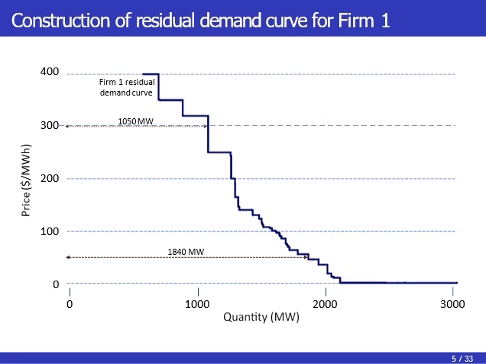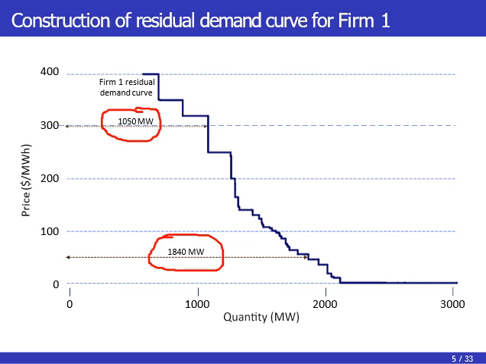And that's what we're doing here. At $300 per megawatt hour, we have a residual demand of 1,050 megawatts for firm 1. At $50 per megawatt hour, we have a residual demand of 1,840 megawatts. So this gives us firm 1's residual demand curve.